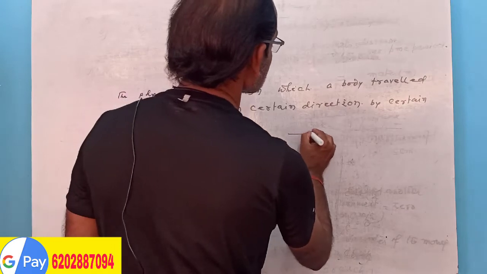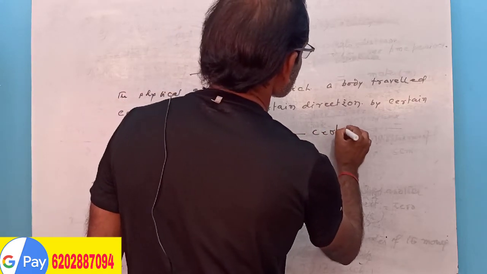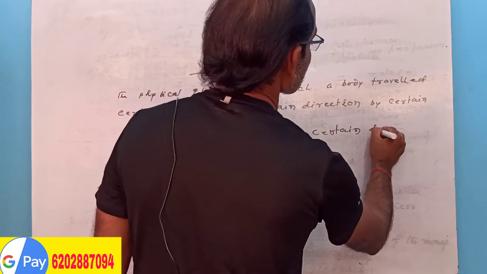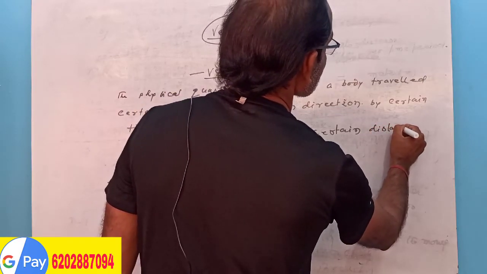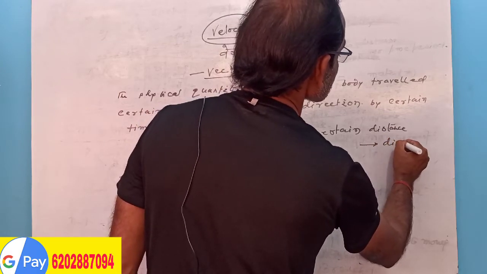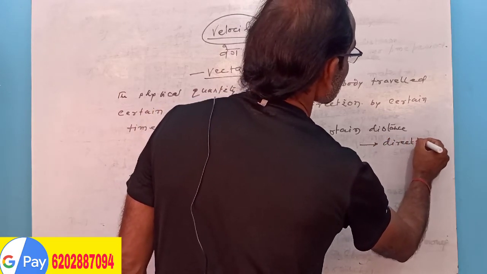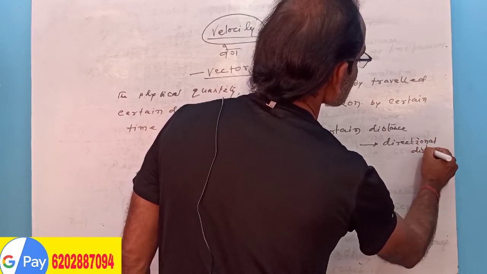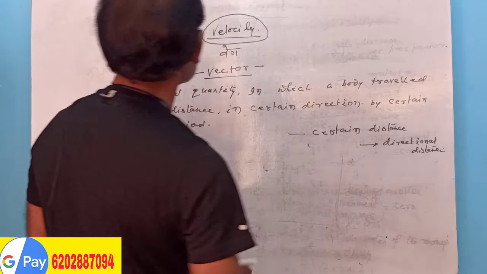Here certain distance means directional distance. Directional distance.